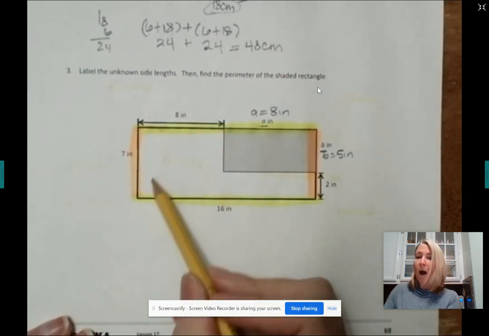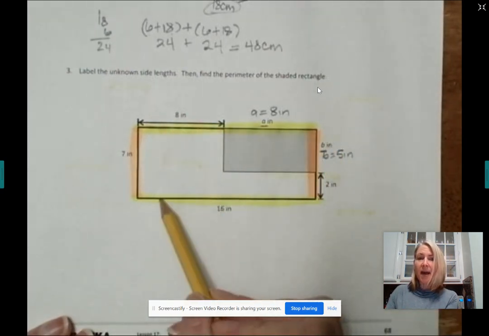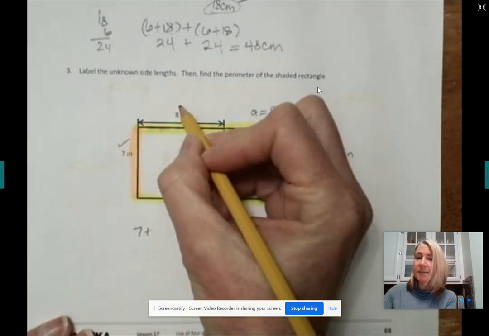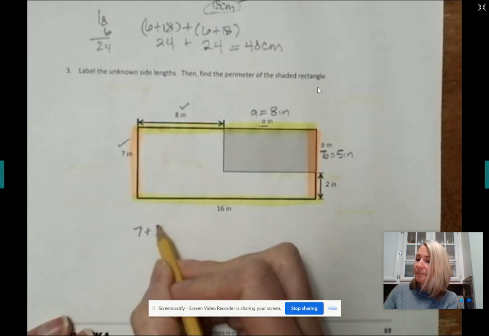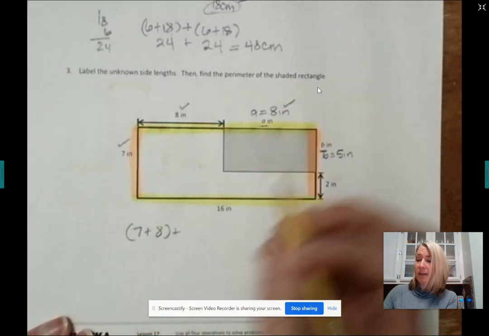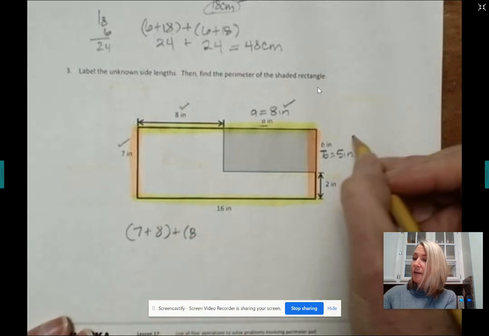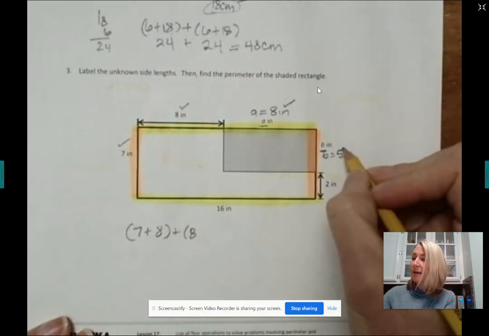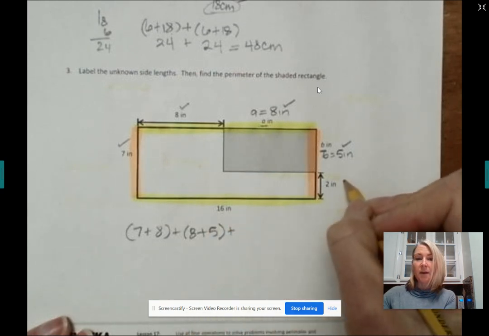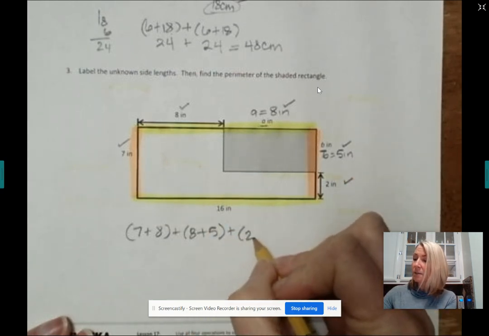So let's walk this nice rectangular path, right? We got 7 inches plus 8 inches plus our discovery of another 8 inches. Going downhill, I got 5 inches. Plus I've got my 2 inches.